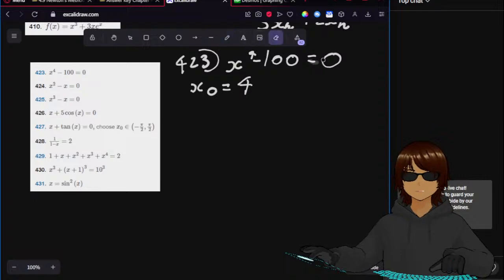and let's do this. And the derivative is 4x.